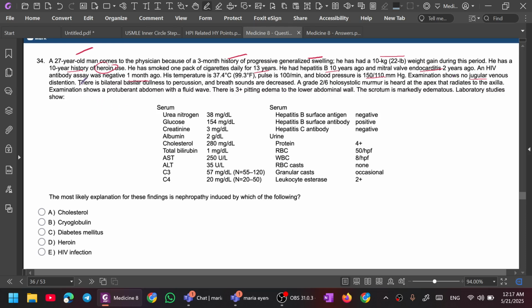Examination shows no JVD. There is bilateral basilar dullness on percussion, and breath sounds are decreased. A grade 2 by 6 holosystolic murmur is heard at the apex that radiates to the axilla.